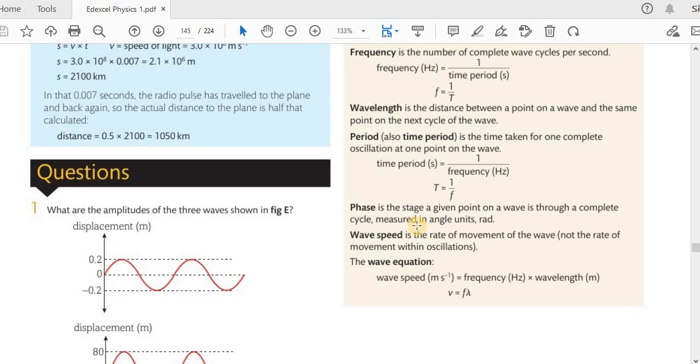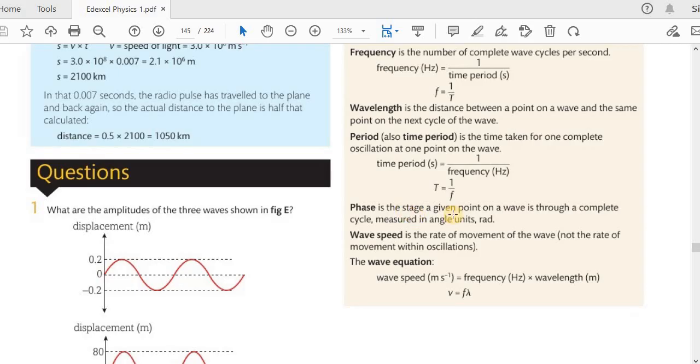Angle units, radian in this case. Okay, so one whole cycle is 360 degrees, and if you convert it to radians, which is another unit of angle, then it will be 2 pi radians. Now if it is half the way, then it will be pi radians or 180 degrees.